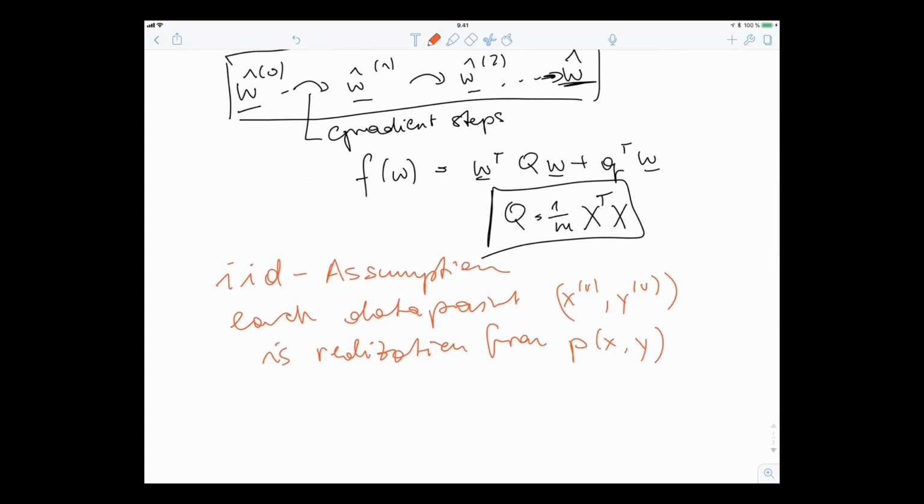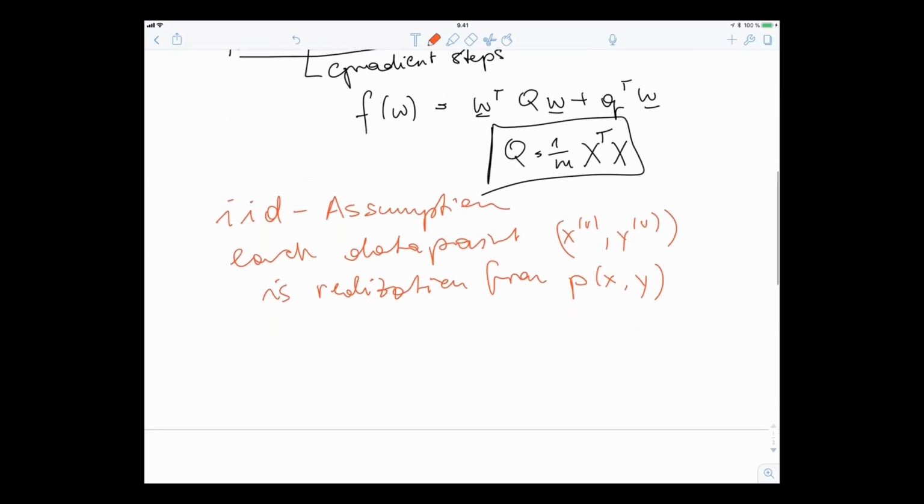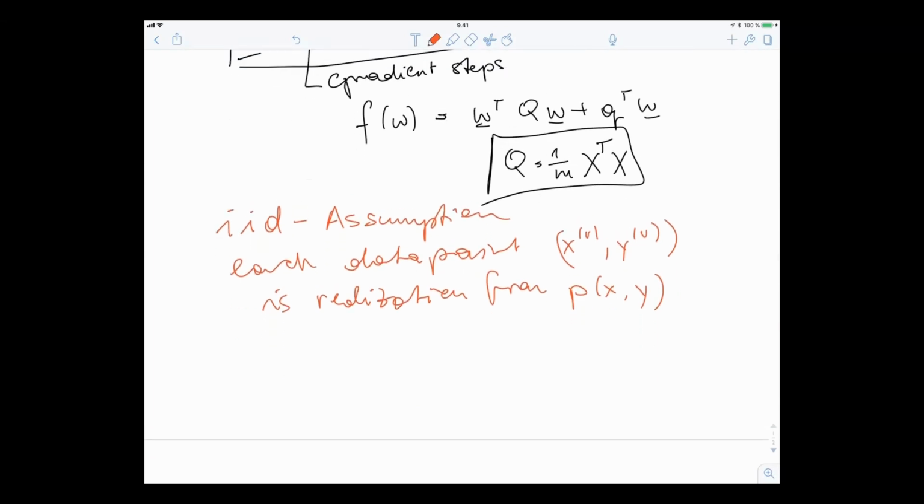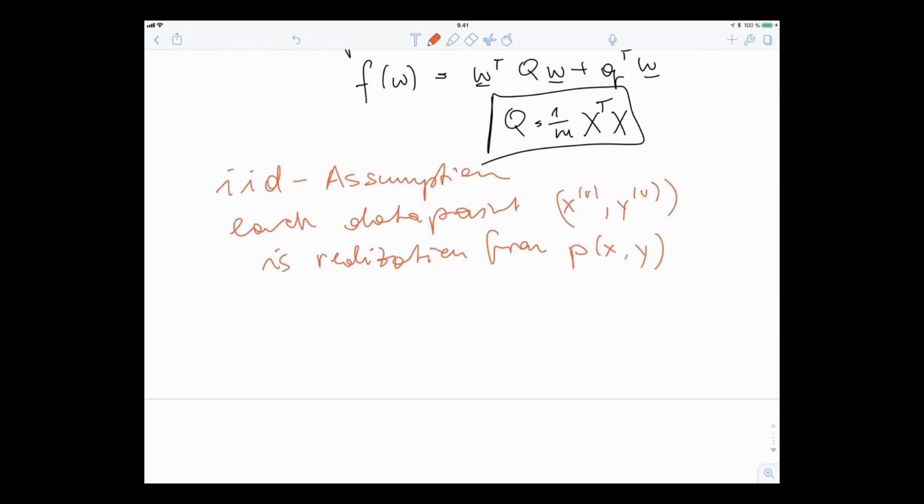How many of you have heard about this IID assumption? Yeah, some of you. This is the bread and butter tool for analyzing machine learning methods. Because once you subscribe to this assumption, why not? Let's say the data points that you see in reality are just realizations of an IID assumption.